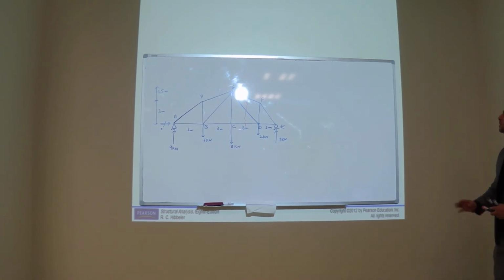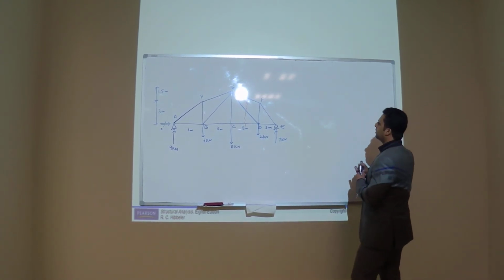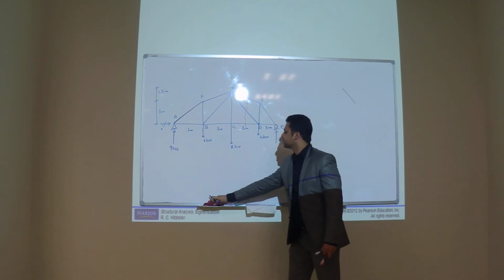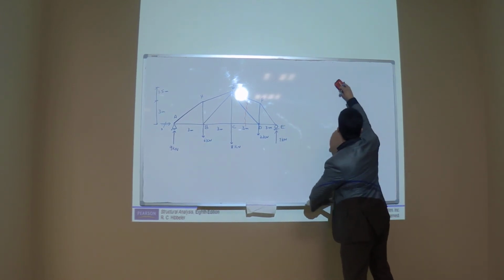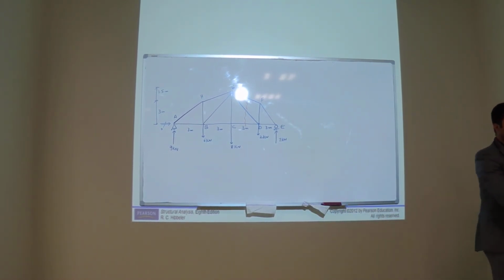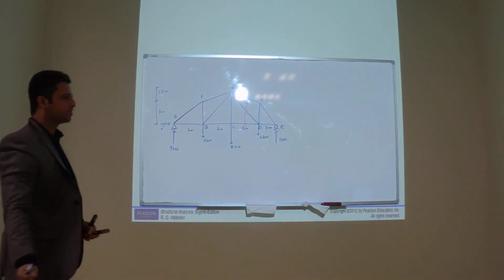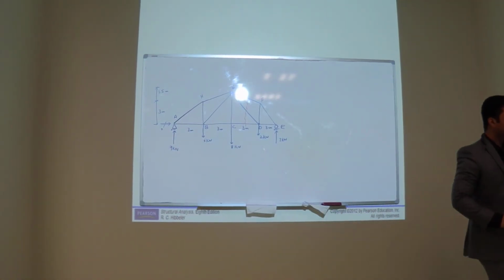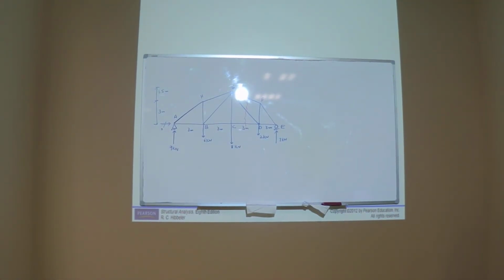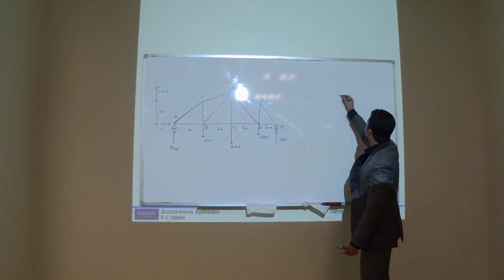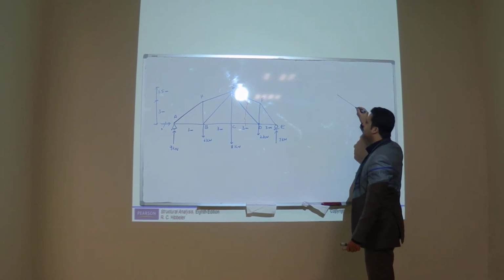So let's draw the right side. We have member GF and then FE.